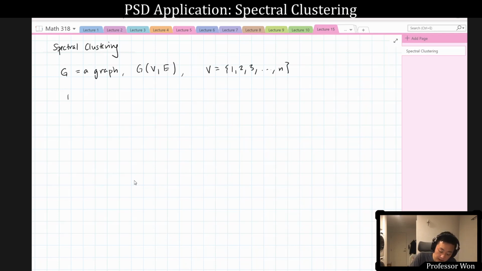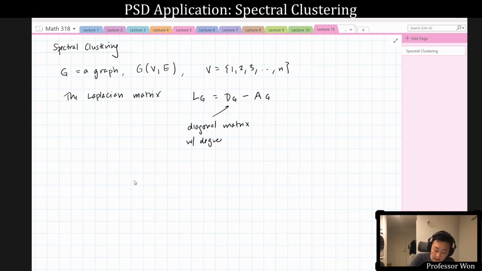Then we defined the Laplacian matrix of G to be L_G, which was D_G minus A_G. Here, D_G was the diagonal matrix of the degrees of each vertex, and A_G was the adjacency matrix.